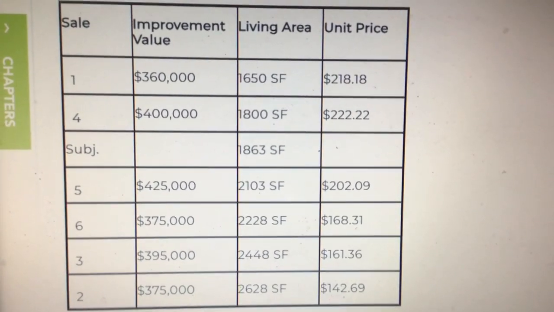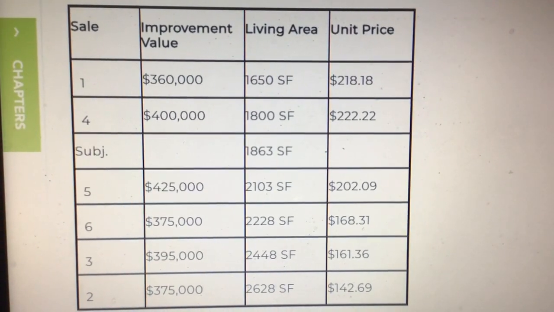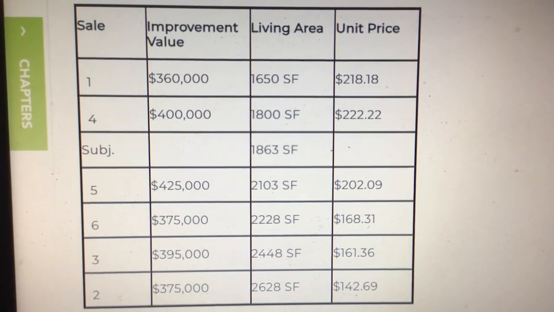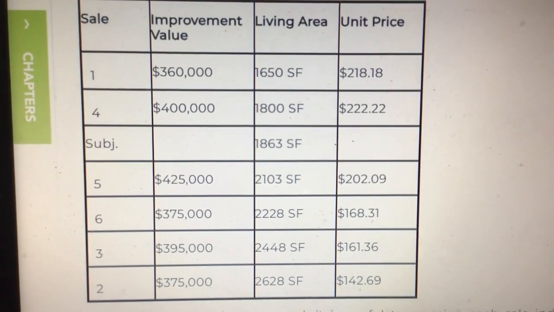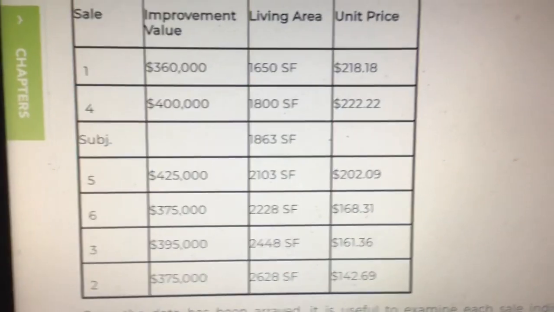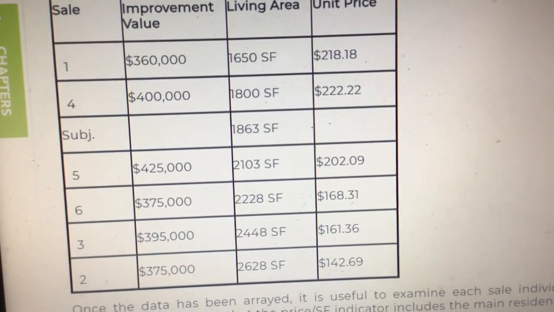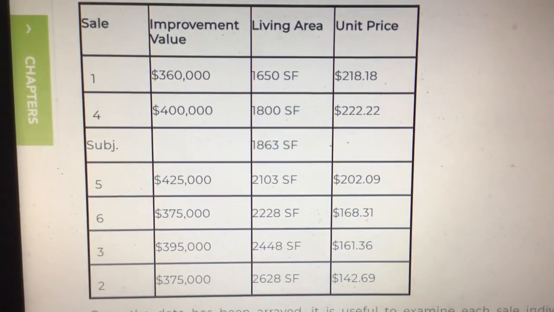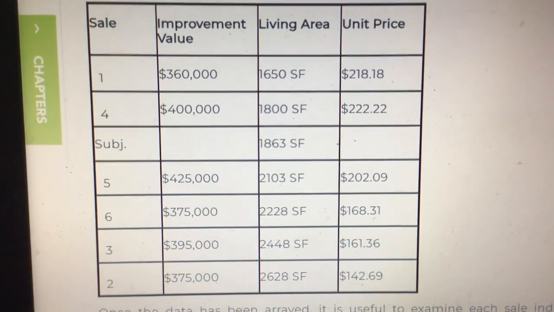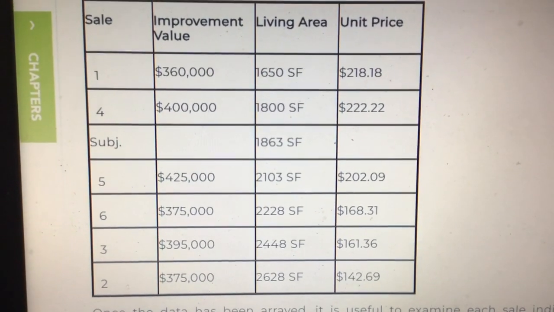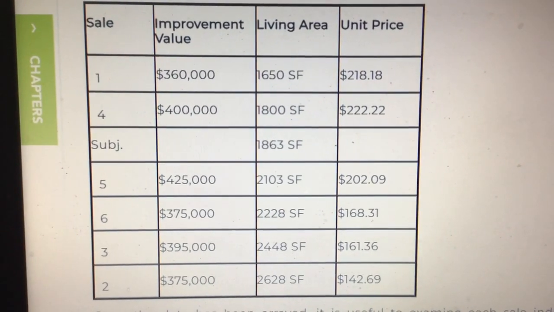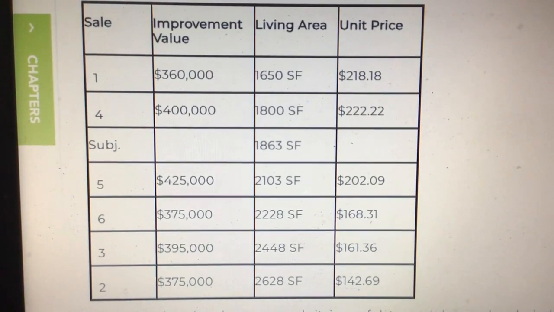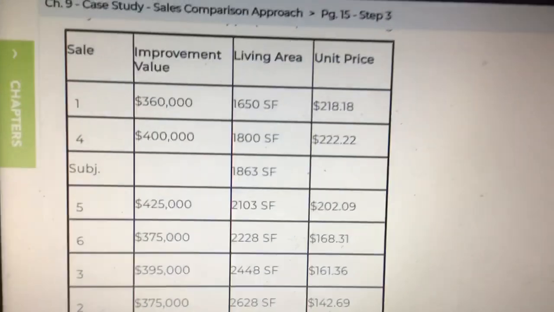And the unit price was $218.18. The next row is sale 4, which had an improvement value of $400,000. And the living area is 1,800 square feet, and the unit price was $222.22.